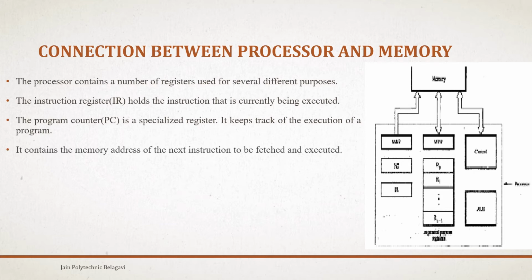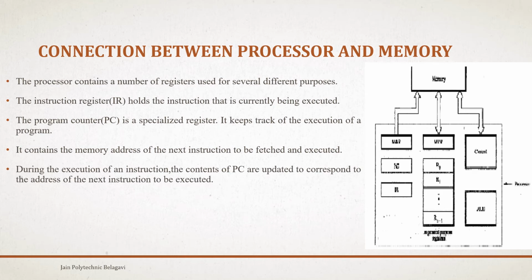So it contains the memory address of the next instruction to be fetched and executed. If the next instruction is to be executed, the program counter will update its contents and point to that instruction.